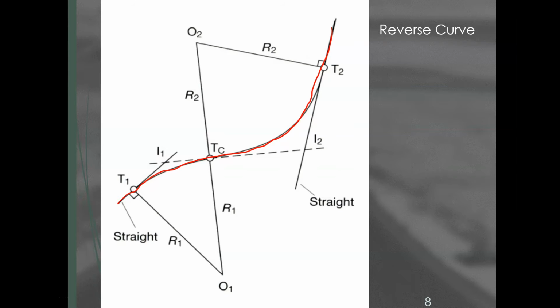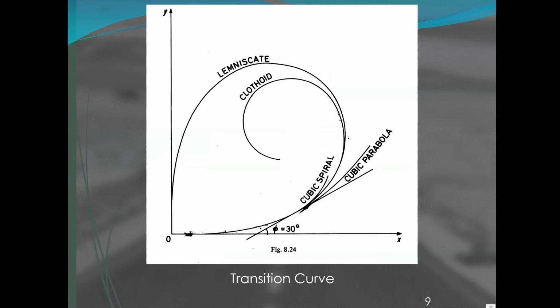So for transition, it's a bit different here. What I have on the screen is basically to show you the different transition curves. We have cubic parabola, cubic spiral or spiral, clothoid, and lemniscate.